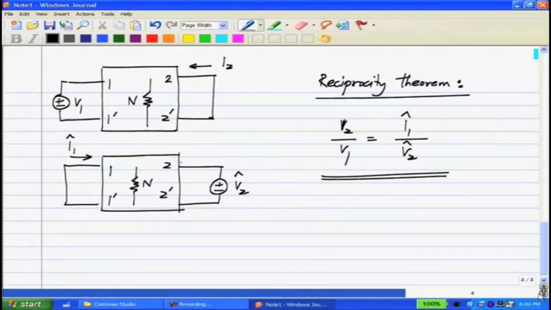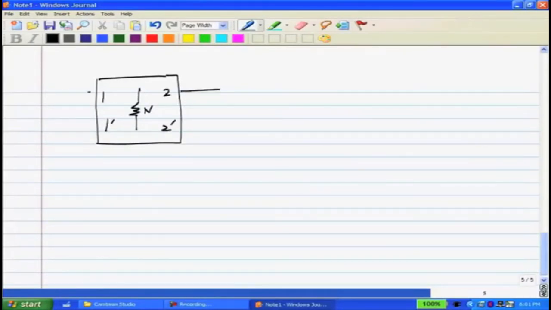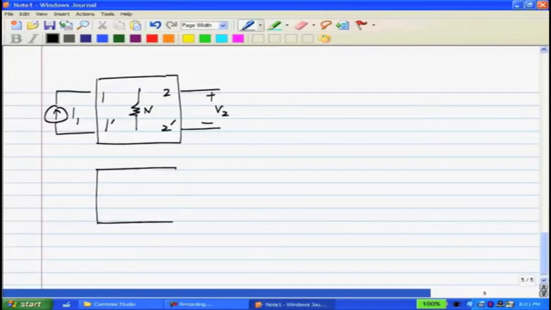Now let's look at the other cases. Again, a resistive network N. I excite it with a current source I1 and measure the voltage V2 here. In this case, the excitation or the cause is the current and the response or the effect is the voltage.